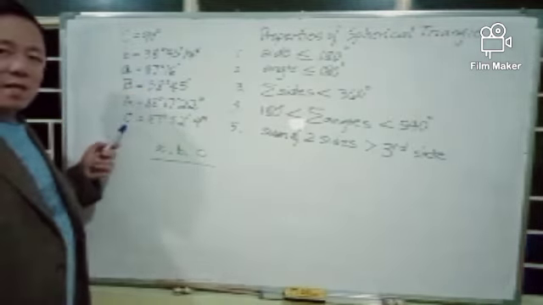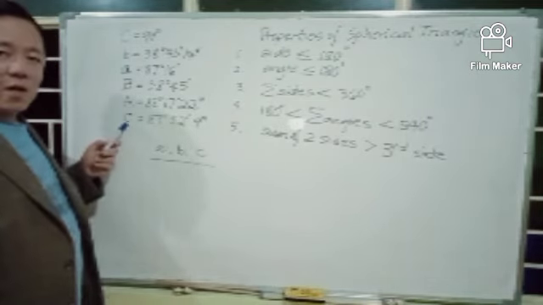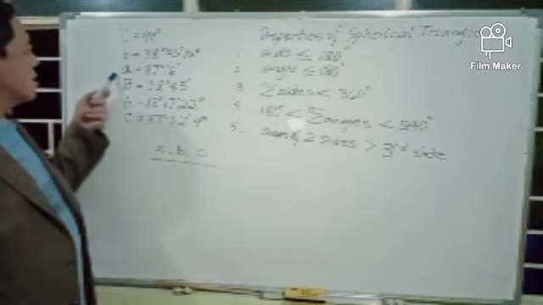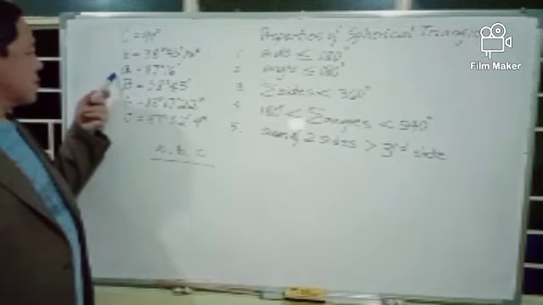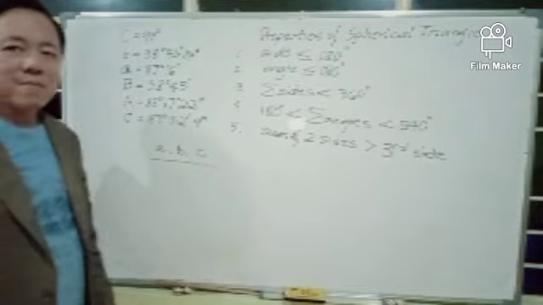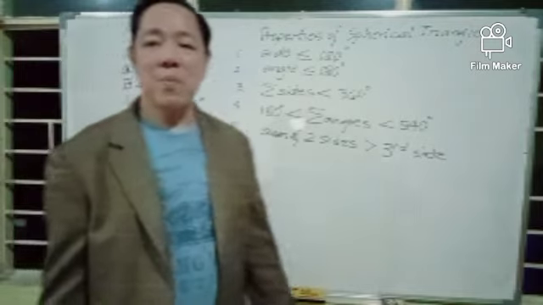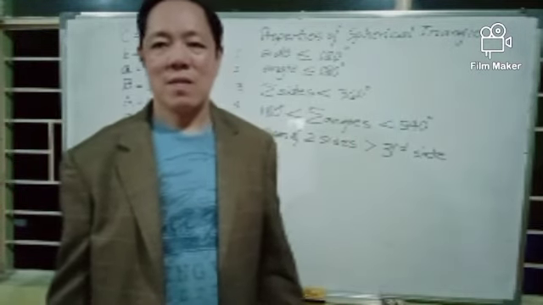You can see that side small c is larger than the measure of side small a by minutes. That's the sixth property of spherical triangle.